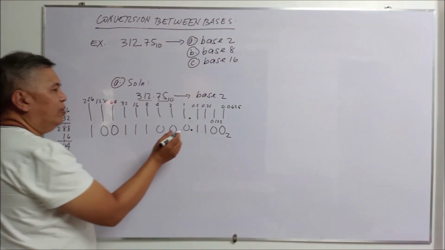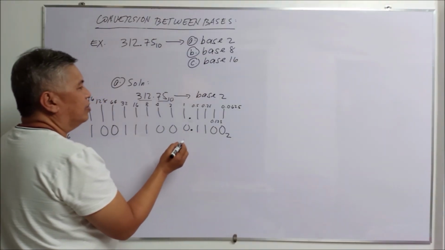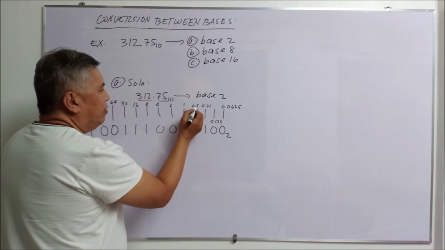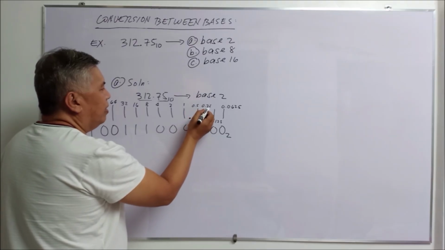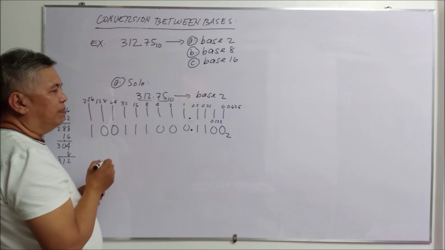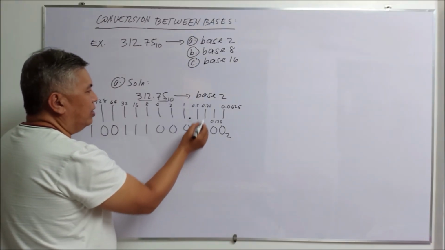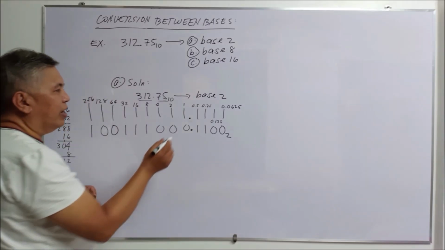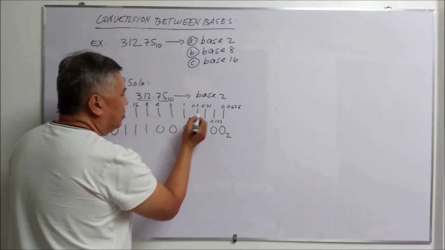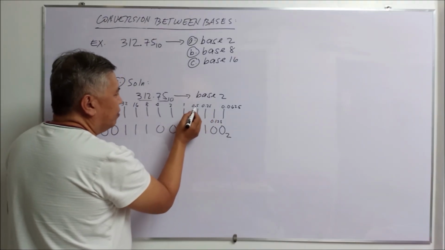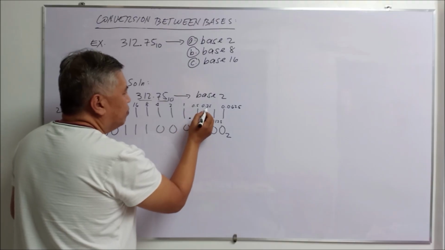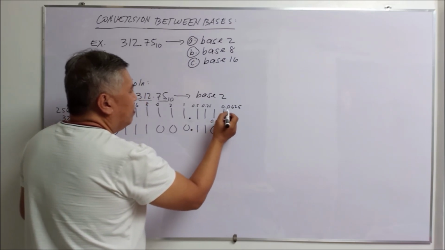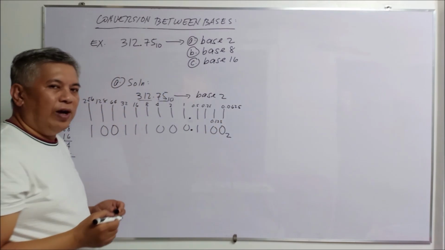So again, how did we arrive with 0.11? Since the given number is 0.75, we add 0.5 plus 0.25, which is 0.75. Okay? That is why we make this 1, 1, and the rest is 0. Okay? So how did we arrive with 0.5 and 0.25? You have 1 divided by 2 is 0.5. 0.5 divided by 2 is 0.25. 0.25 divided by 2 is 0.125. 0.125 divided by 2 is 0.0625.